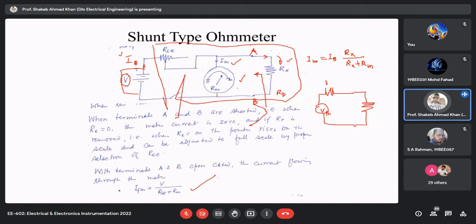Then this will be Rp, this will be Rp, and this is Rx.